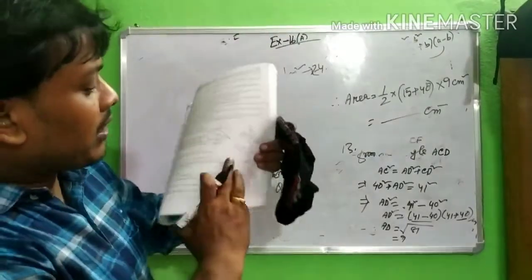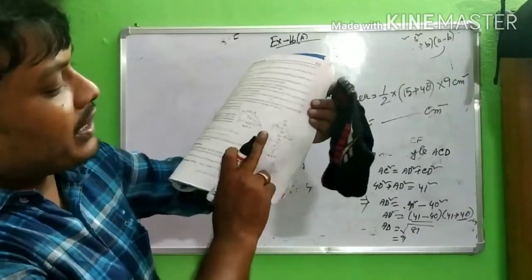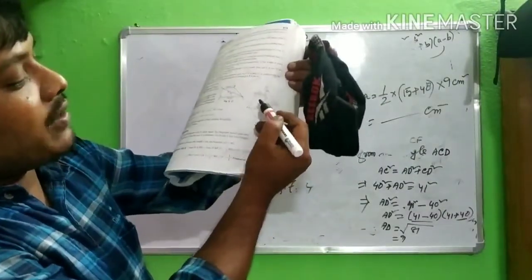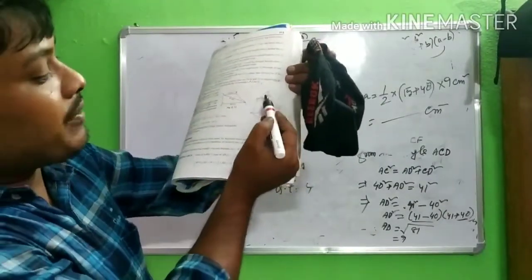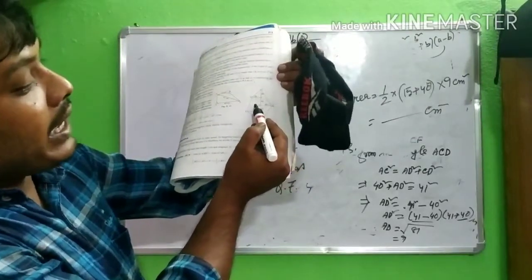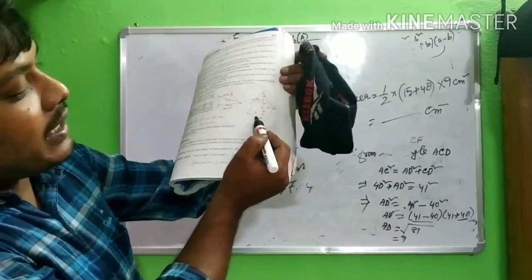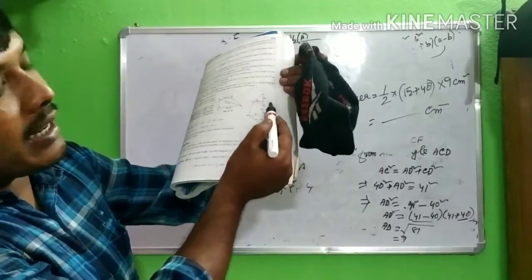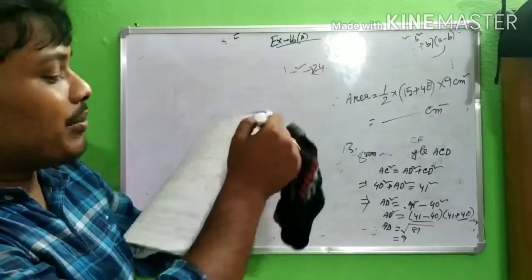What is the 14 number question? Find the area of the figure. So we find the area of the total figure, that means the area of this triangle plus the area of this trapezium plus the area of the other triangles. Very easy.